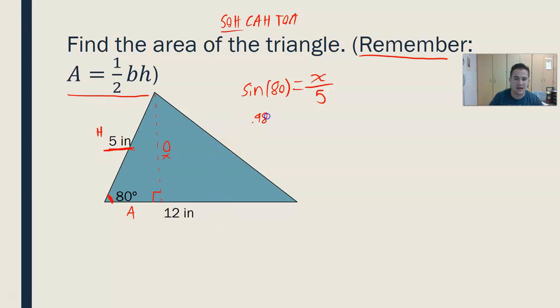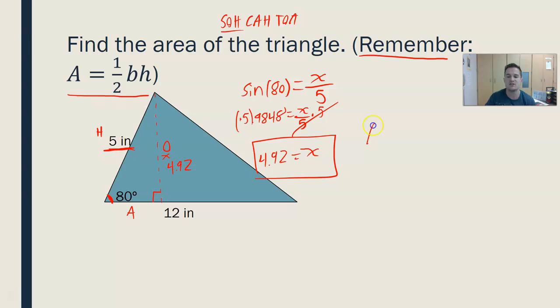So 0.9848 is equal to x over 5. If I multiply by 5 on both sides, I get x equals 4.92. Okay, cool. So this height right here is 4.92.